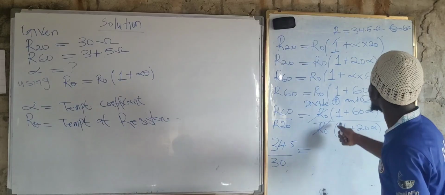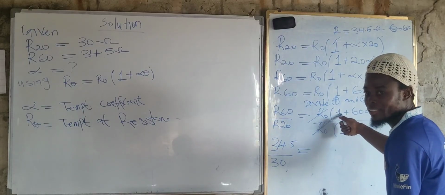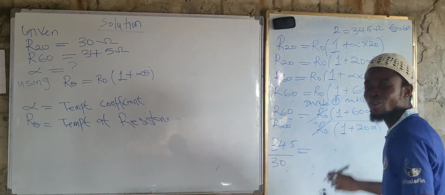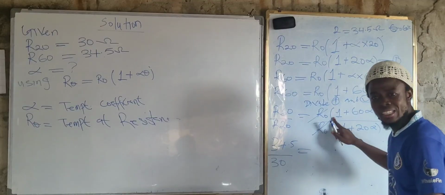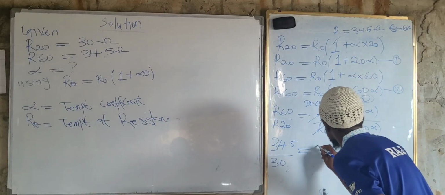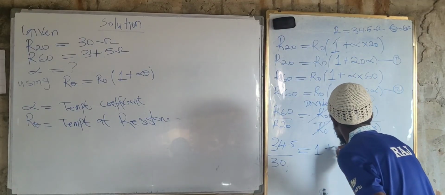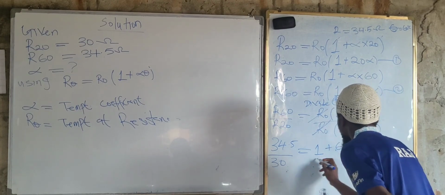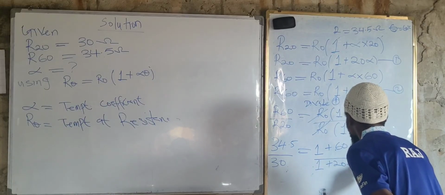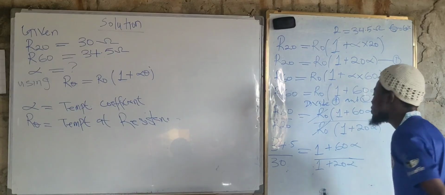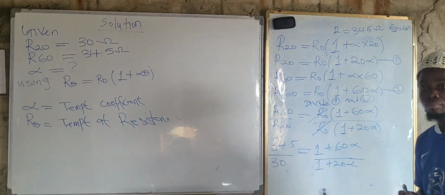Equal to 1 plus 60 alpha, all over 1 plus 20 alpha. Don't add the 1 and the alpha term, because this has a variable and this is a constant. Don't cancel this guy here because this is what we are asked to find.